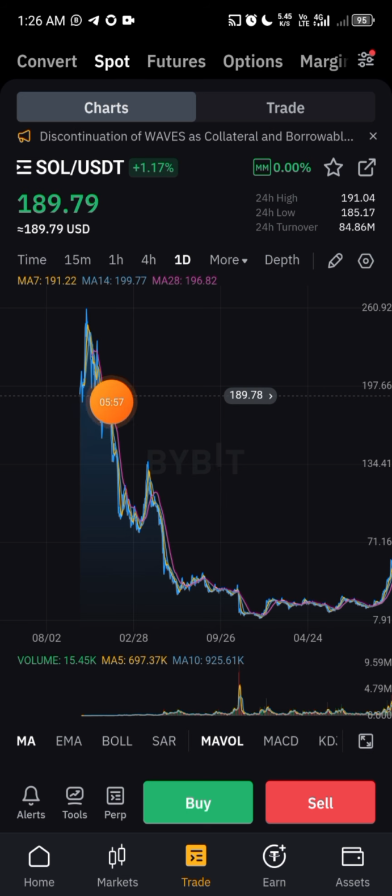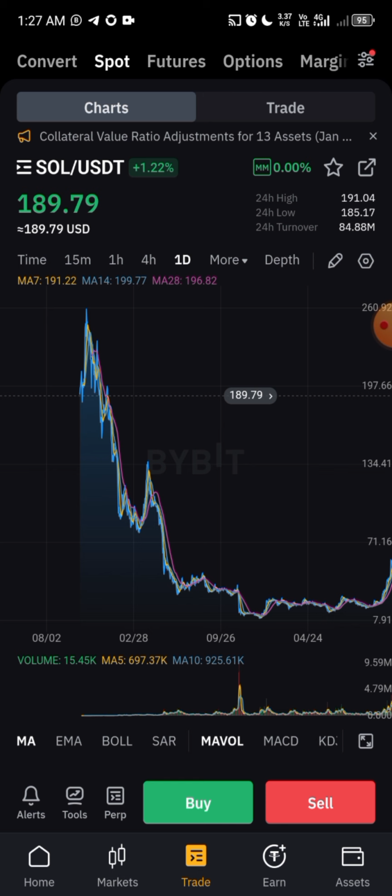There's another level here which is 197 before the 260. So those levels that I saw, 134, 197 before 260, those are the places I'm going to set my take profit. So that is the second method of taking profit.